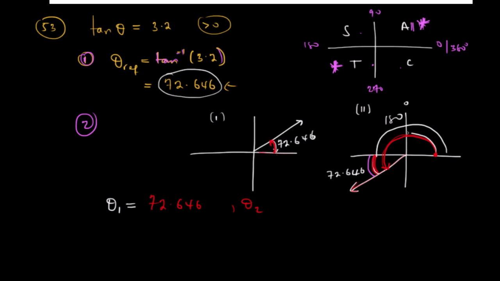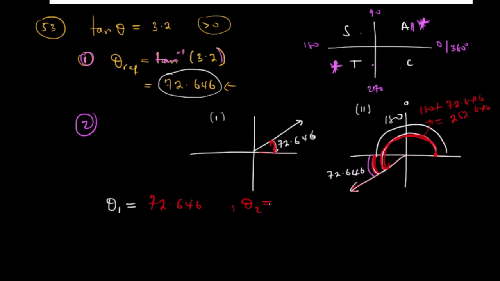So how do you find the whole of them? The whole, which is what you have here, is going to be 180 plus 72.646, and that is actually going to be 252.646.